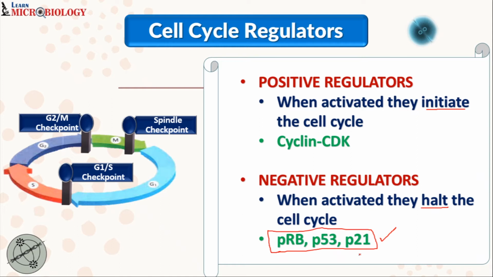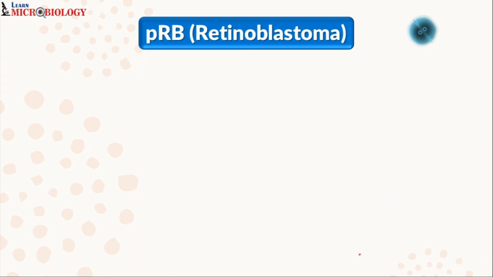Let's move ahead first with our discussion about the PRB protein, which is called as the retinoblastoma protein. This protein, when mutated, was known to cause a tumor called as retinoblastoma, which is a tumor of the retina. Okay, so hence the name retinoblastoma protein. Now, let us understand in detail about the function of this retinoblastoma protein.